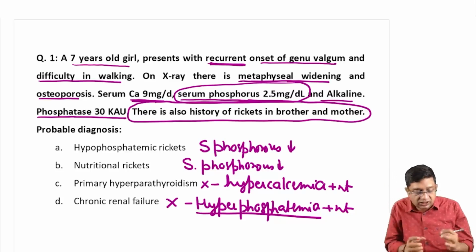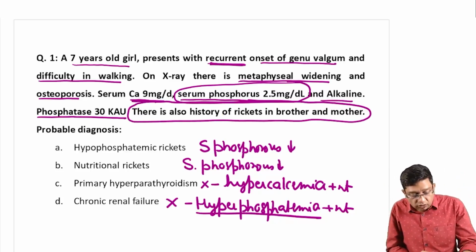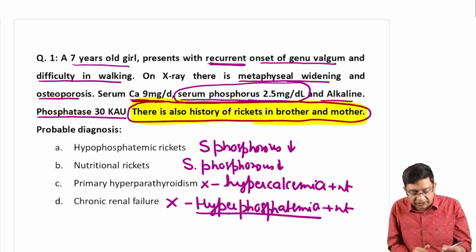Now if you basically see out of the two, what is being given is there is also a history of rickets in the brother and mother. So this seems to be more on the familial side, right?